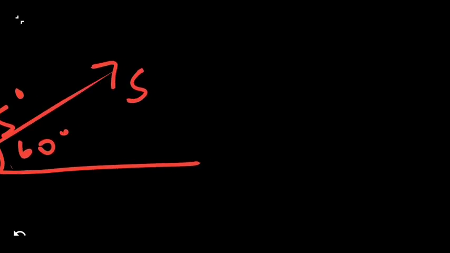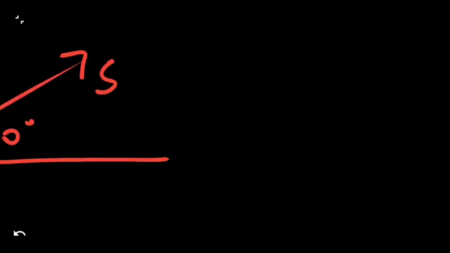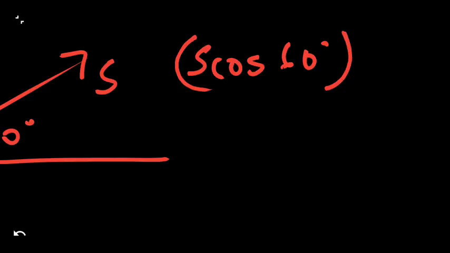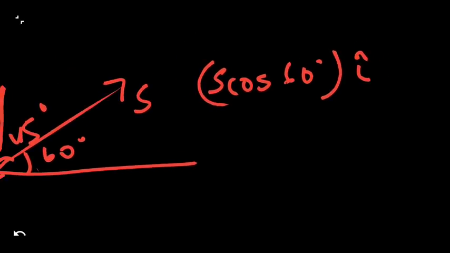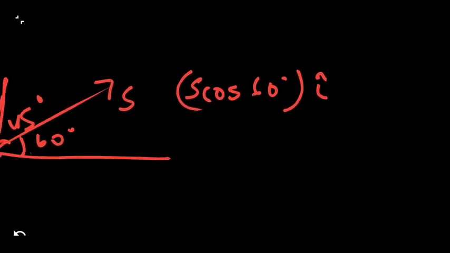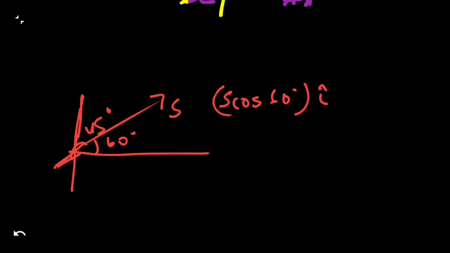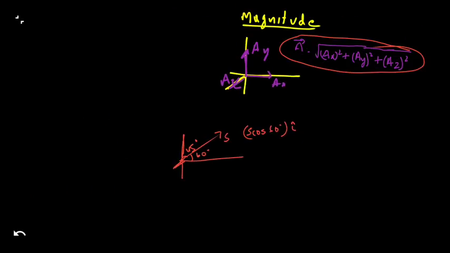You can find its unit vector form by finding the x component of this vector. The x component will be 5 cos 60, followed by I cap, which represents the x component in unit vector form. And you can find the y and z components in the same way.